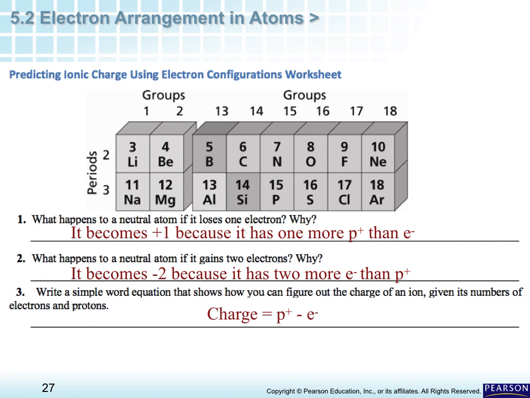A simple word equation to show how you can figure out the charge of an ion is the charge is equal to the protons minus the electrons. If it's neutral, let's say for sodium, 11 protons, 11 electrons, 11 minus 11, 0. But if you have 11 protons and the nearest noble gas is neon, which is 10, protons 11, electrons 10, 11 minus 10 is +1. So lithium or sodium would become a +1 charge.